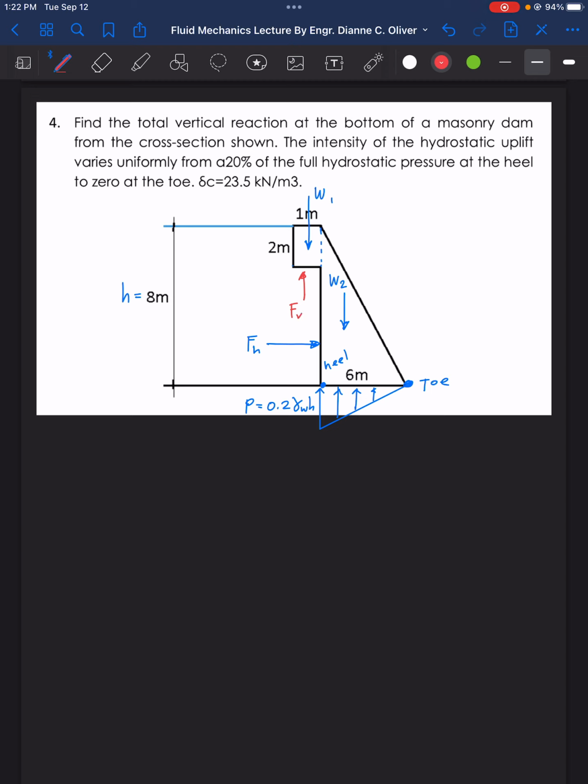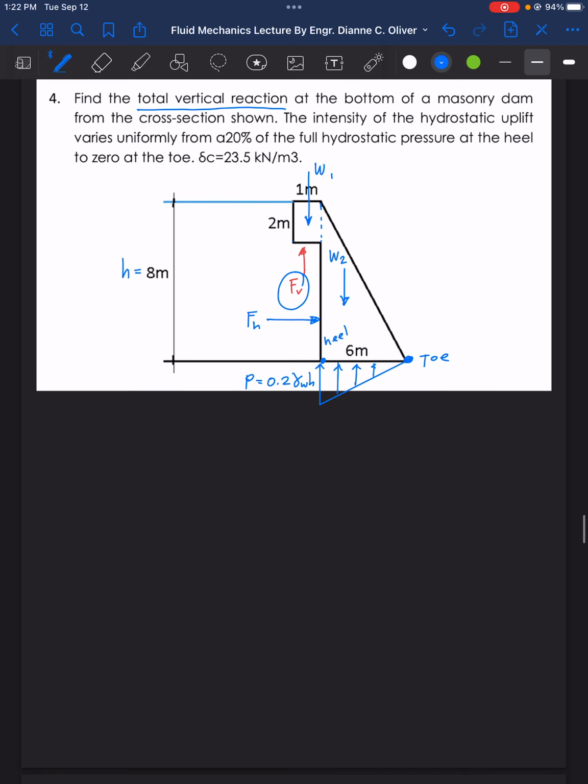Because the problem is looking for the total vertical reaction, we will name this as force vertical due to water.